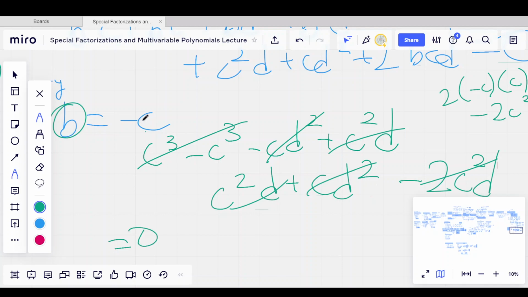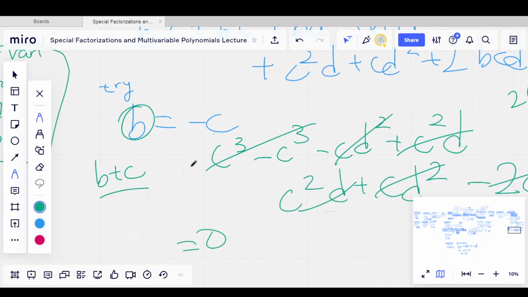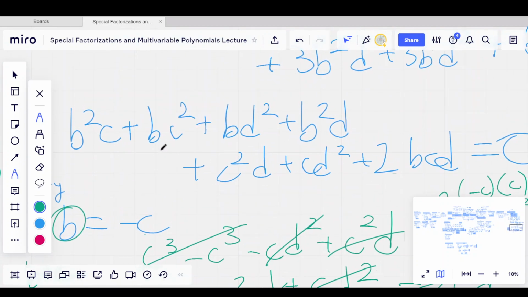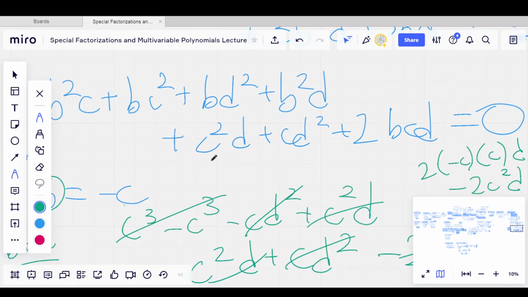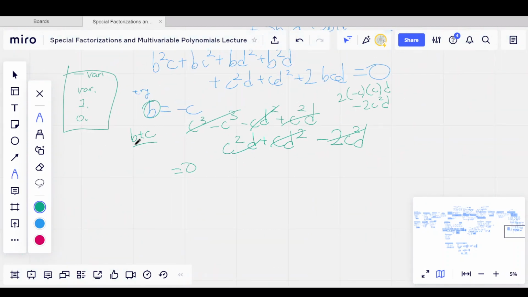Okay, so thus we can conclude that b plus c is a root. And then you can try the other two stuff, or roots, I mean, factors. So sorry, b plus c is a factor of this.